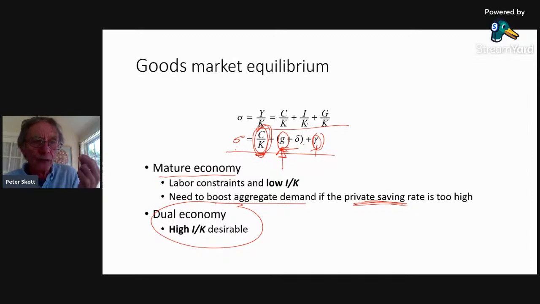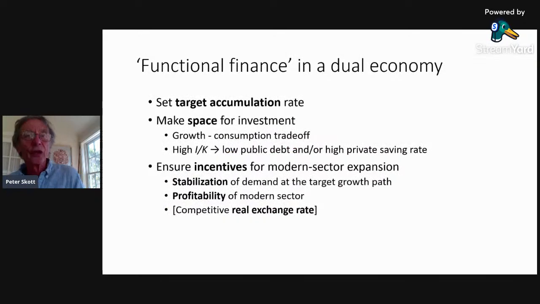You would want to have G be as high as possible because you want to achieve the transformation of the economy. You want to draw people from the low productivity sectors into the modern sector. What you have is a structural transformation problem, and that is very different.